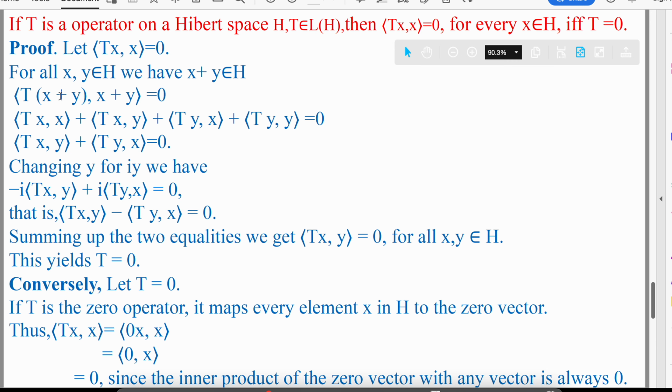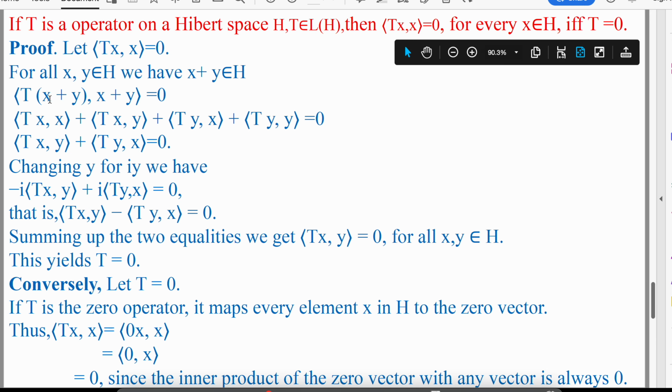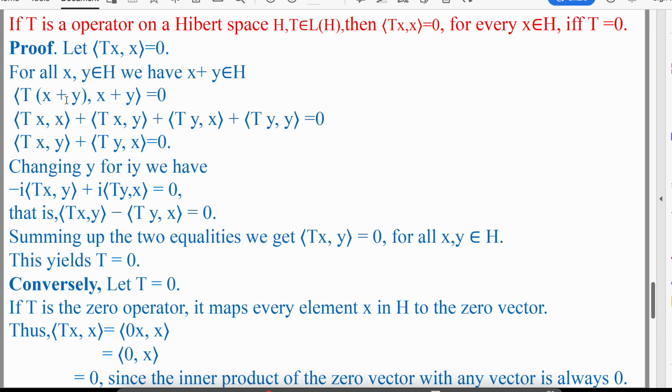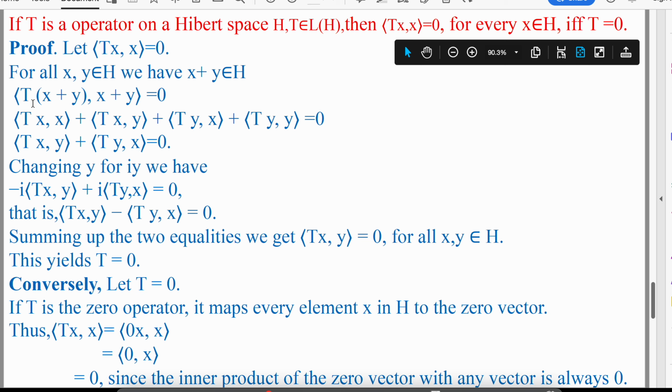Because T is linear, T of x plus y is equal to Tx plus Ty. So if we simplify it, it will be the inner product of Tx with x, plus the inner product of Tx with y, plus the inner product of Ty with x, plus the inner product of Ty with y, equal to 0.